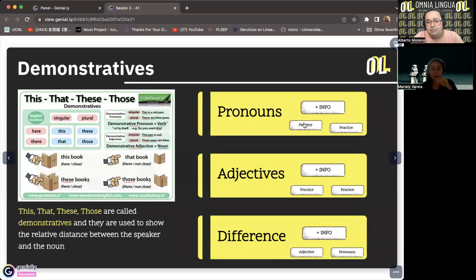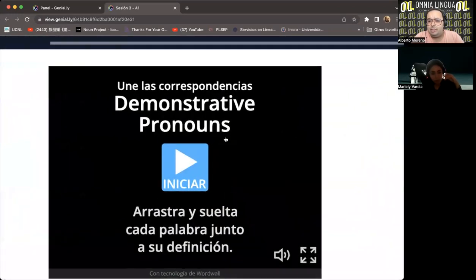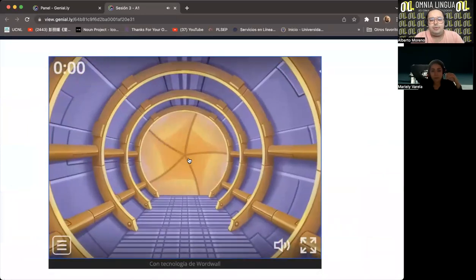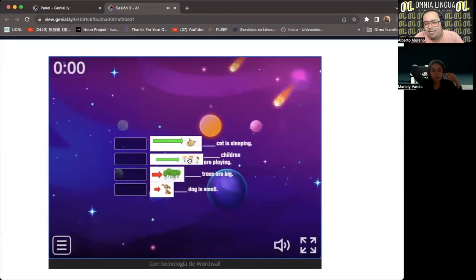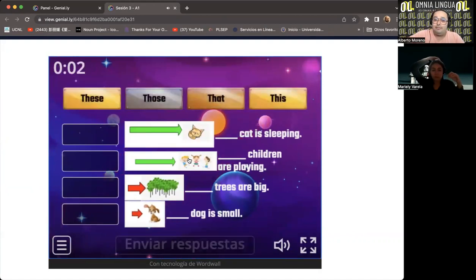We have one activity for this class and one for you to practice, and two activities in order for you to speak. So let's do the first activity, which is for the demonstrative pronouns. Just remember, this, these: something that is close; that, those: something that is far.